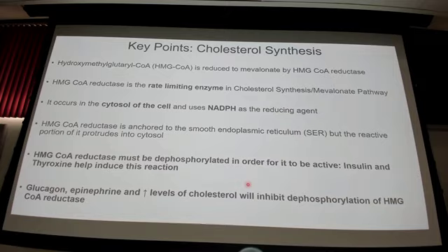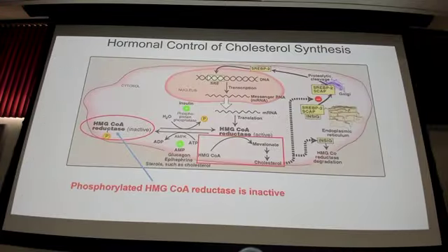The notes section of the slide says that when cholesterol is low, SREBP is activated to increase the enzymes in cholesterol synthesis. So when cholesterol levels are low, SREBP will decrease cholesterol synthesis.